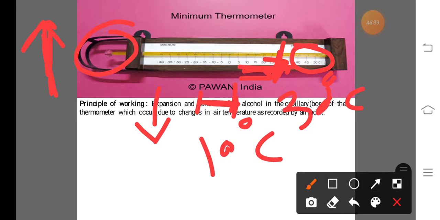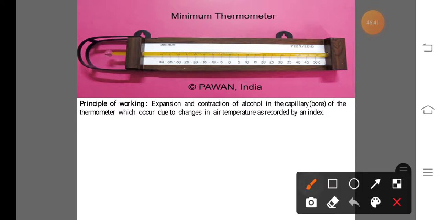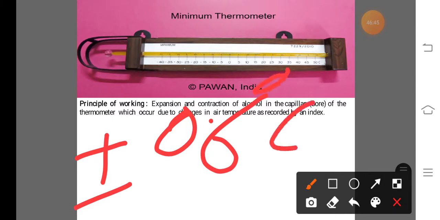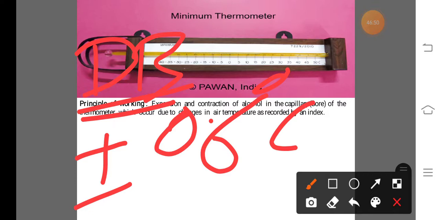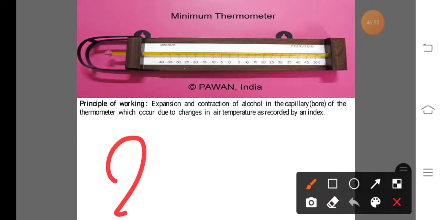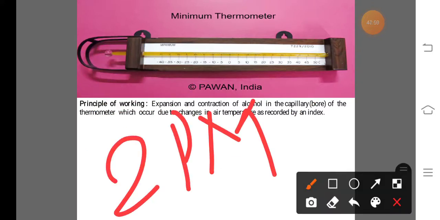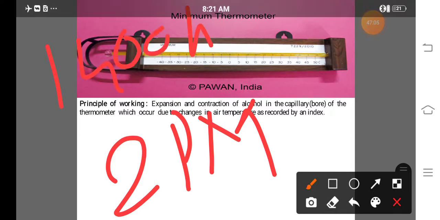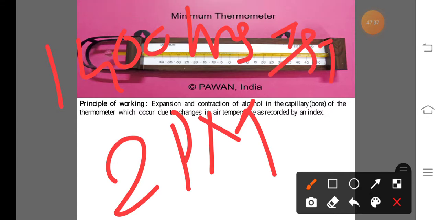When setting, the reading of the minimum thermometer is plus or minus 0.6 degrees Celsius with the dry bulb thermometer. The setting time of the minimum thermometer is 2 p.m., which in Indian Standard Time is 14:00 hours. This is the time of setting of the minimum thermometer.